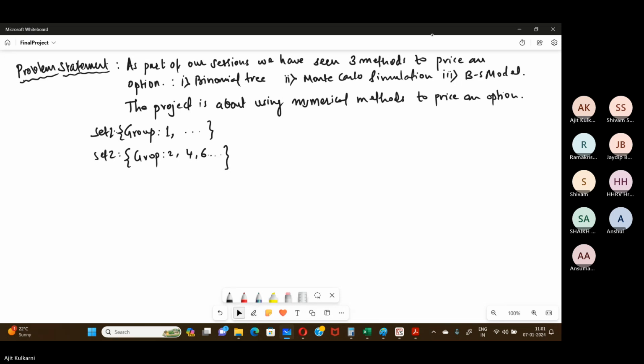You will do it for call option, and set 2, the groups 2, 4, 6, whatever, will do it for put option.